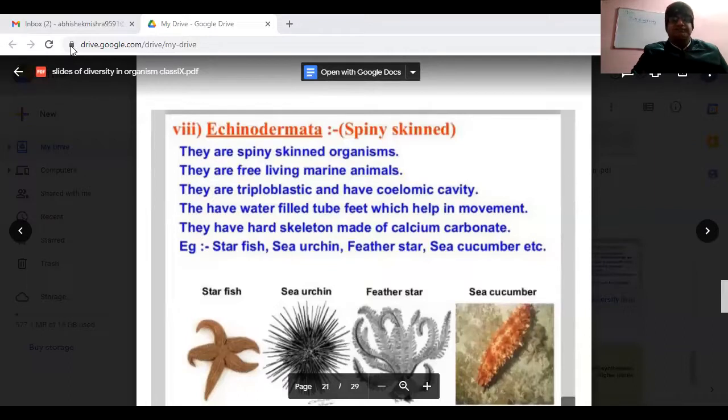Very good, Sakshi. Very quick response. Ectoderm, mesoderm, and endoderm. So those organisms which have all three germinal layers are called triploblastic, and those organisms which have two are called diploblastic.